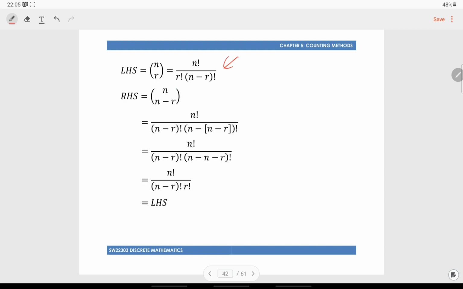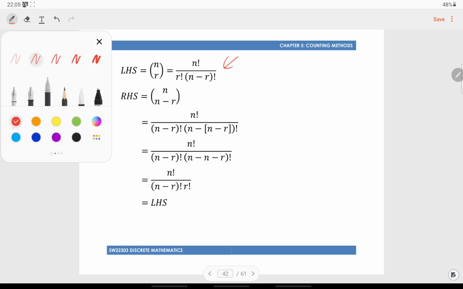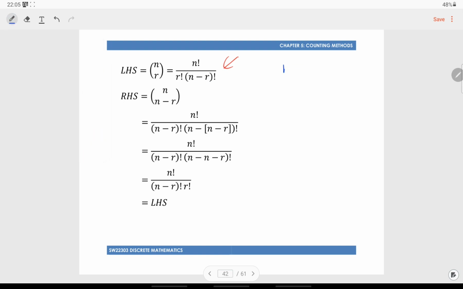So that means in this formula, n factorial over r factorial times n minus r factorial, we have to substitute. At the top we have capital N, so we maintain all the n in this formula. But then at the bottom we have n minus r, so that means we need to replace all r by n minus r.